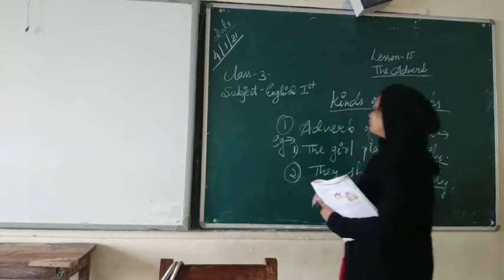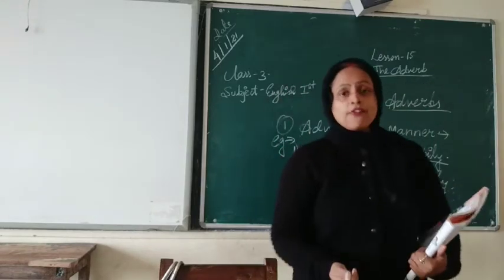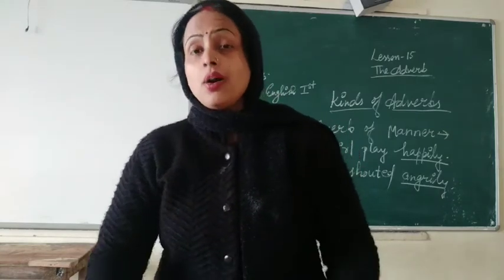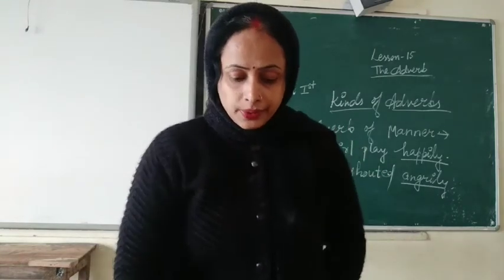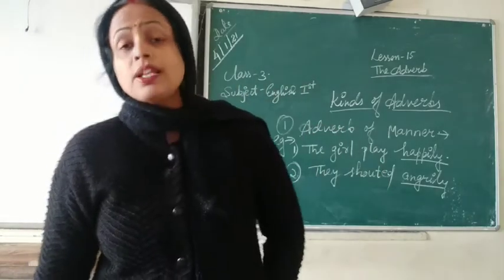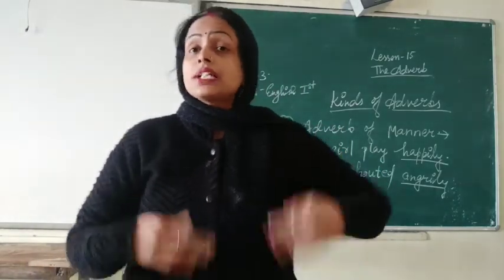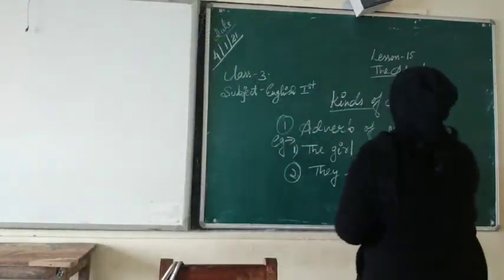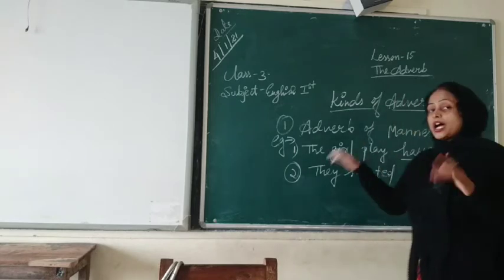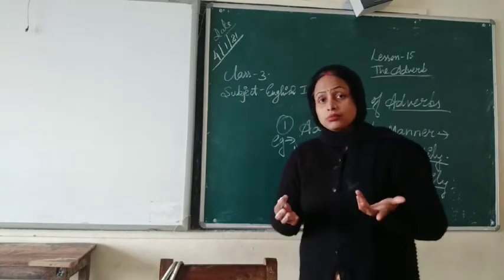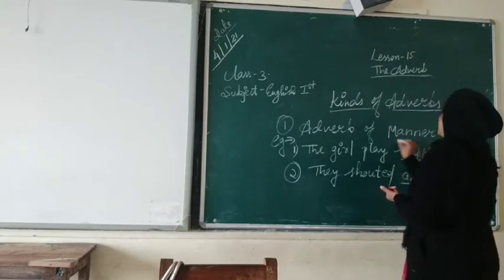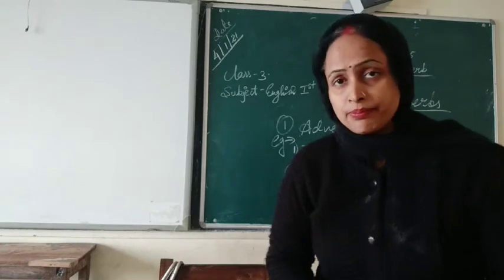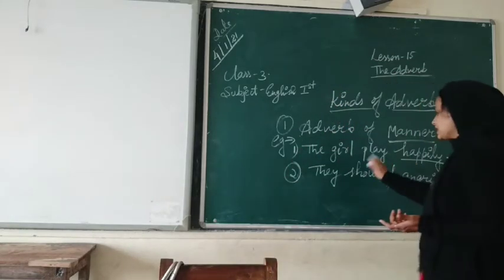So the adverb of manner, what does it mean? This is a kind of adverb, and it tells us how things happen. It clearly describes how the action is done. Example: the girl played happily. How did the girl play? Happily. This is a manner.